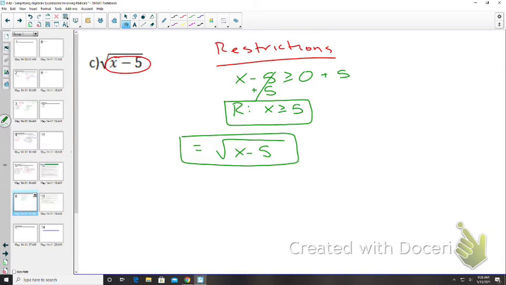The big thing in this question is to make sure that we are solving for those values of x that will ensure that we have a positive radicand. So our restriction is that x must be greater than or equal to 5.